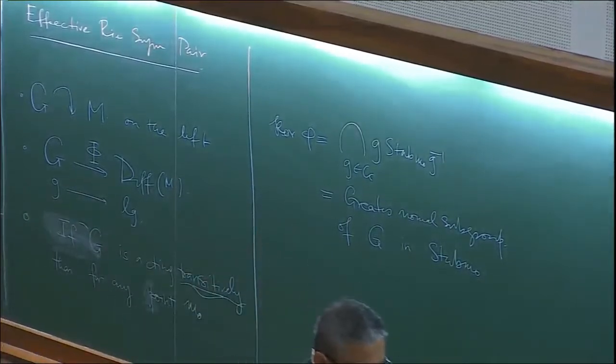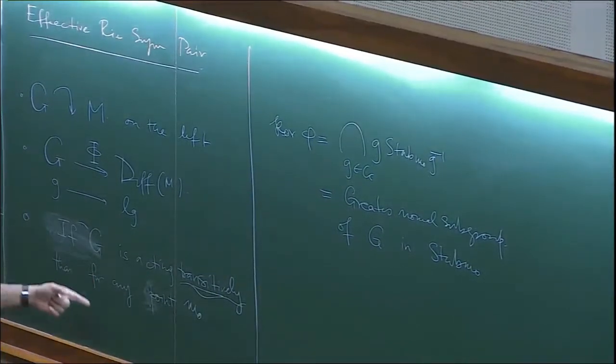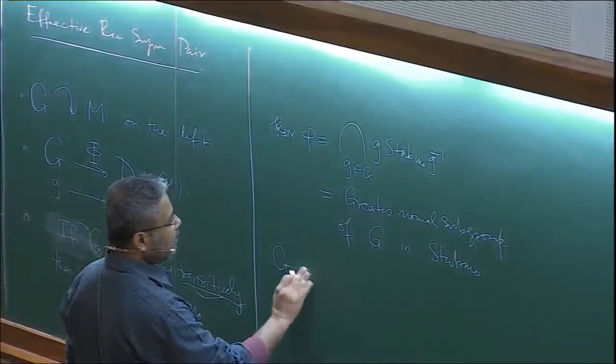In general, a G action is said to be effective if this kernel is identity, or in other words, G sits inside the diffeomorphism group.